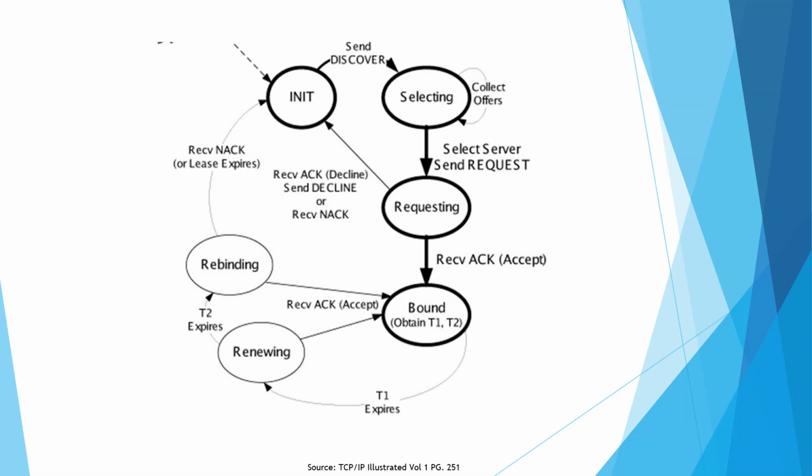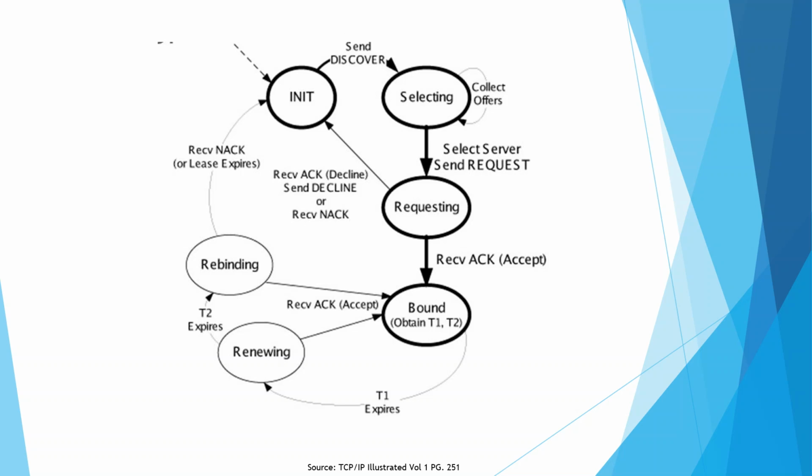You go through that loop over and over again until either you hit T2 and go into rebinding, or you give up your IP address with an IP release, or there is some other circumstance in which you need to go back into your initial state. So if we get into the renewing state and can't renew, then T2 happens and we get into the rebinding state.